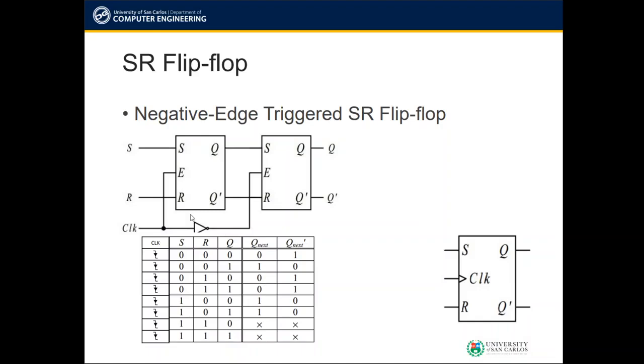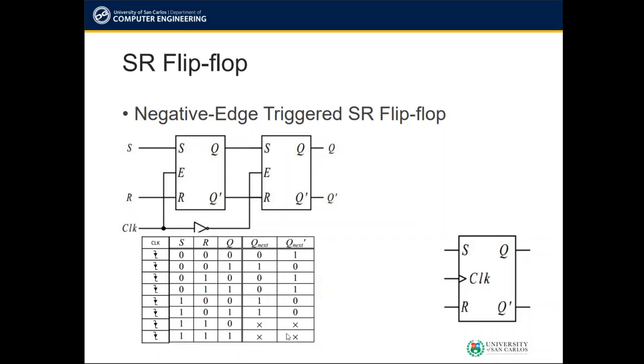How about if the SR becomes 1, 1? What will happen to the Q here? In this case, based on the datasheets and characteristics for this one, it is undefined. So basically we do not include this part of the SR flip-flop.